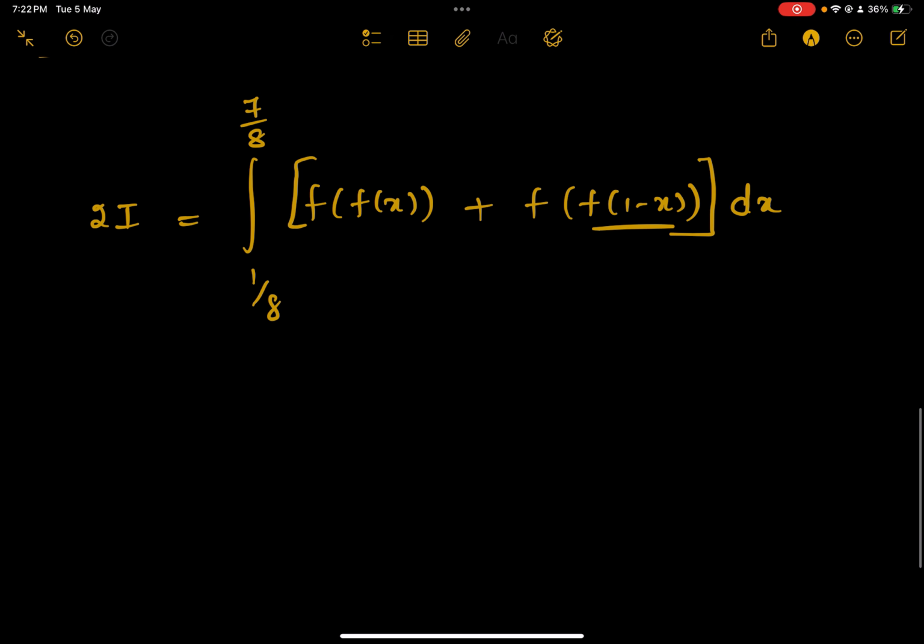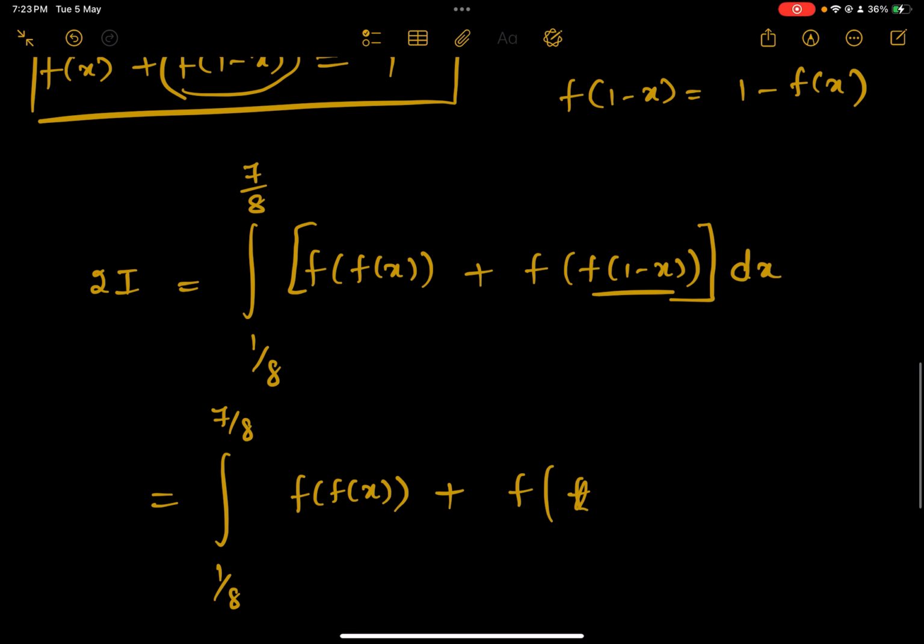Let us substitute that here. The integral from 1 upon 8 to 7 upon 8 of f of x plus f of 1 minus x, which is simply 1 minus f of x, so 1 minus f of x dx.